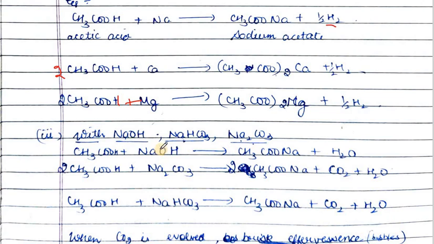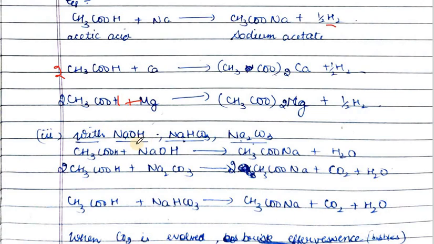So with sodium hydroxide, carboxylic acids react to give sodium carboxylate, or in this case sodium acetate plus water. And with sodium carbonate, 2 molecules are used to give sodium acetate and carbon dioxide plus water. With sodium bicarbonate, 1 molecule reacts to give sodium acetate plus carbon dioxide plus water.